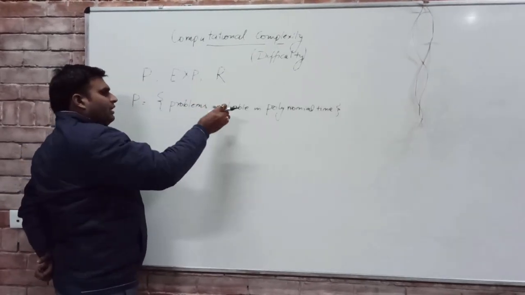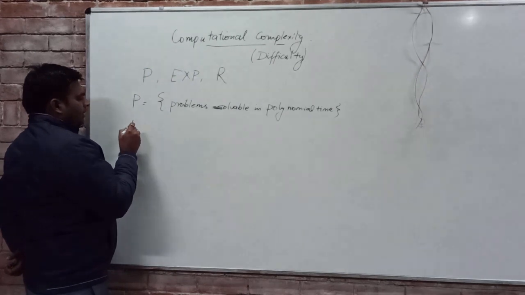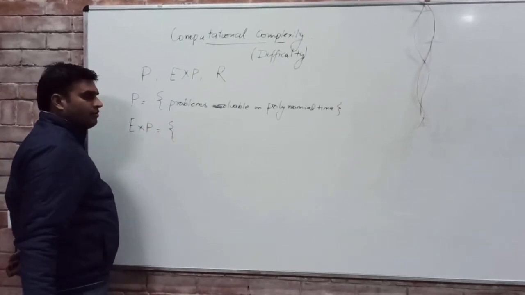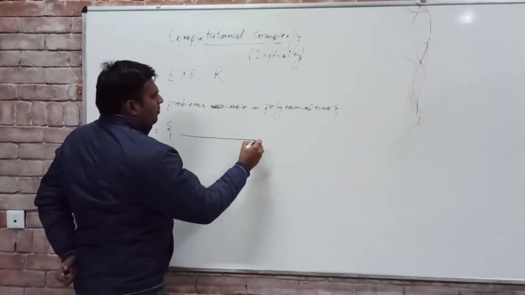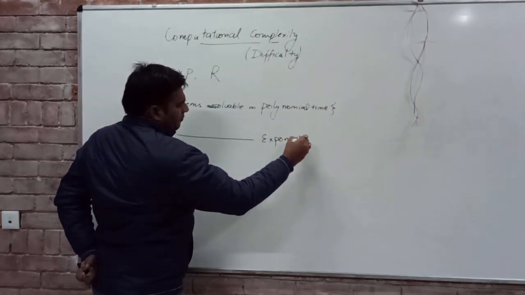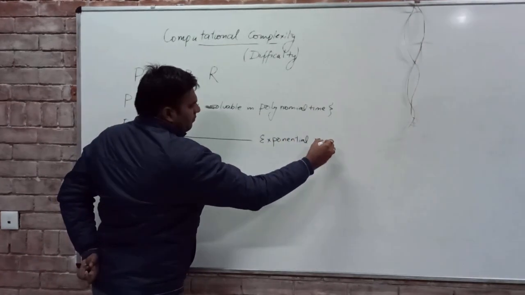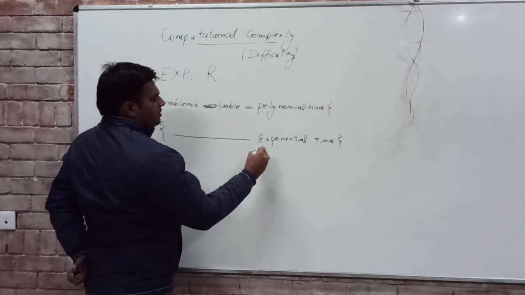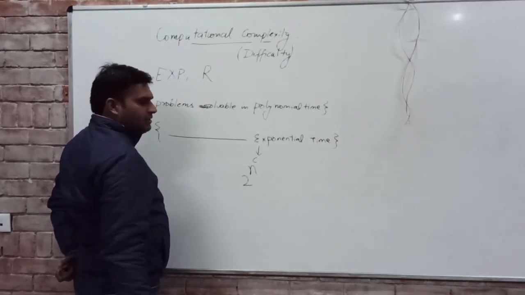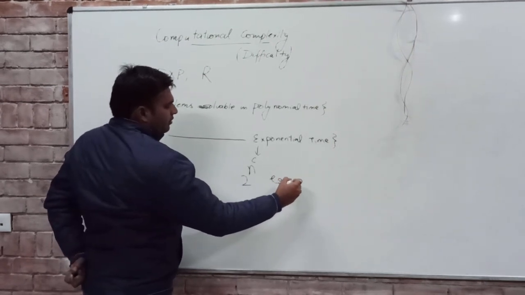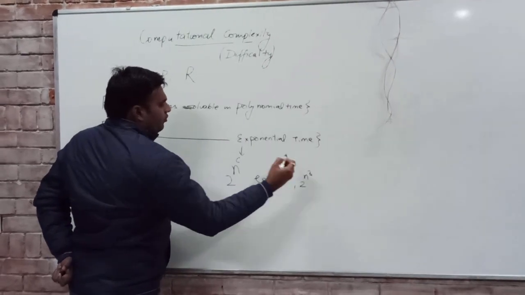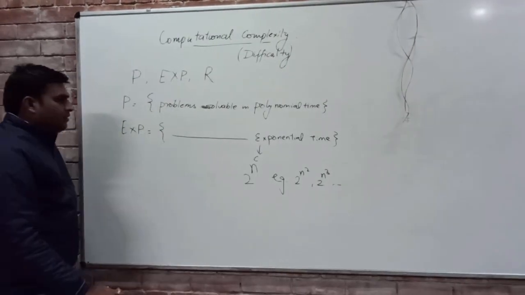The problems will be put in this set P. EXP, or XP, is the problems solvable in exponential time. By exponential we mean 2 raised to power n raised to power c, for example, 2 raised to power n square or 2 raised to power n cube, something like that.